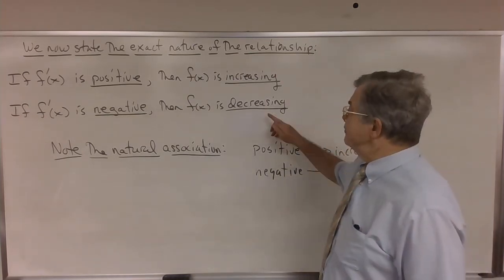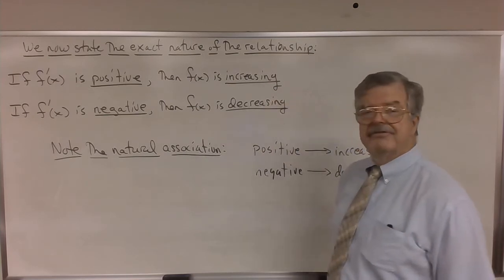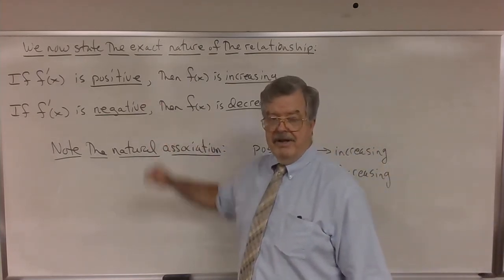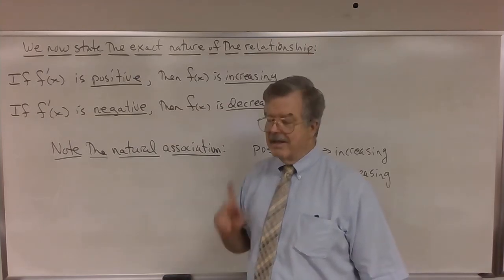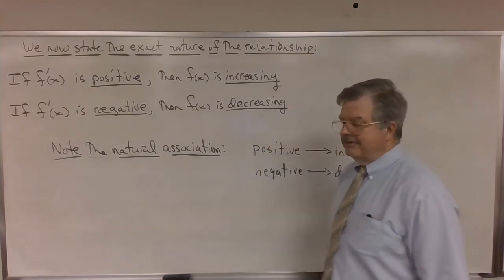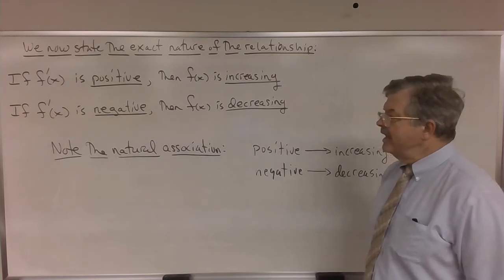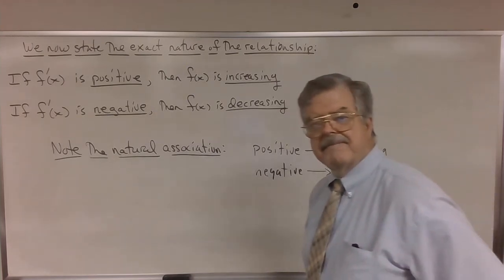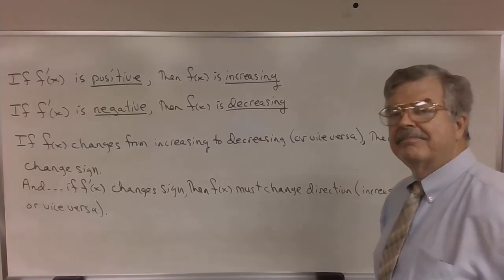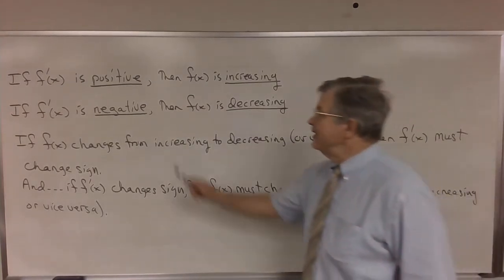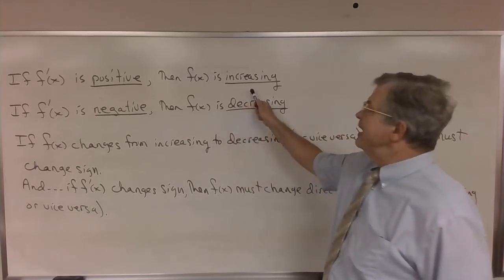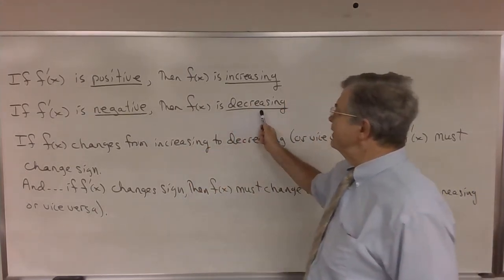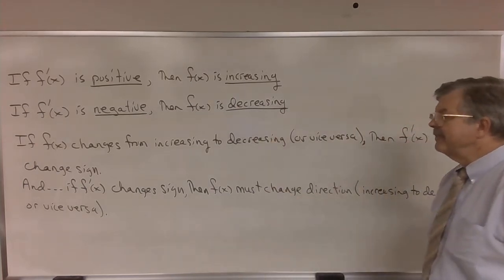And if the function changed from decreasing to increasing, the derivative would have to change from negative to positive. So that's something to note. And maybe we should write that down. Yep, if the derivative is positive, then f of x is increasing. If the derivative is negative, then f of x is decreasing.